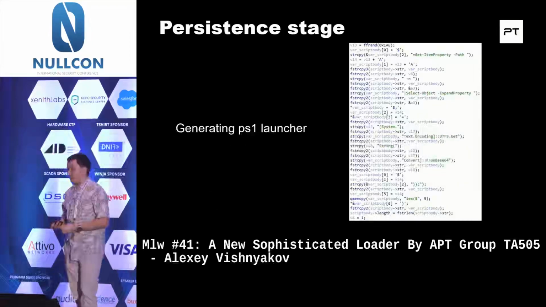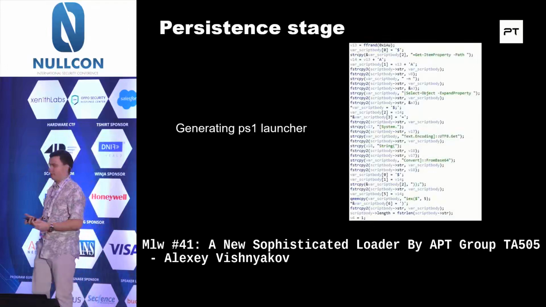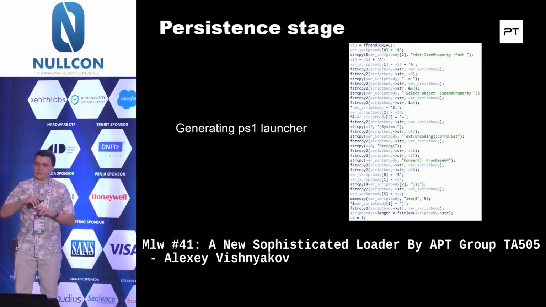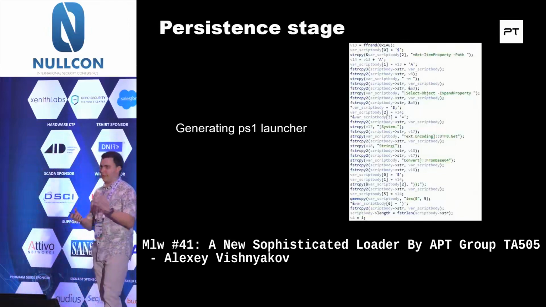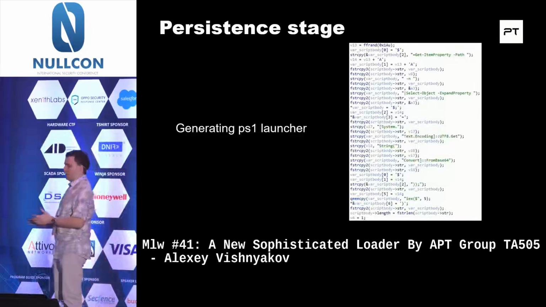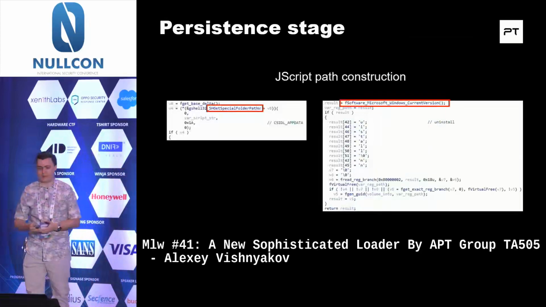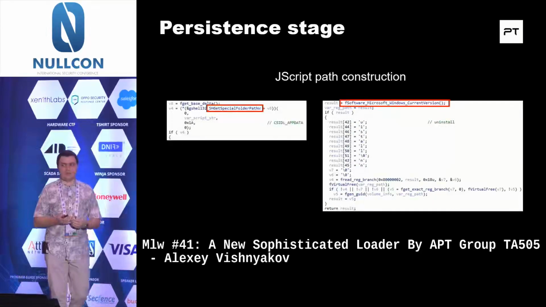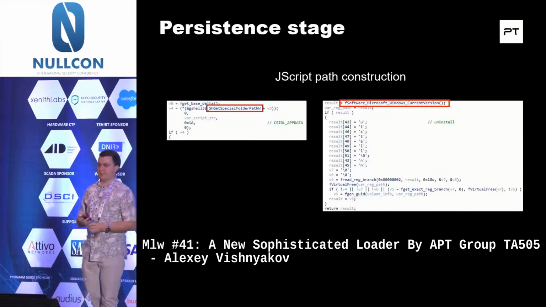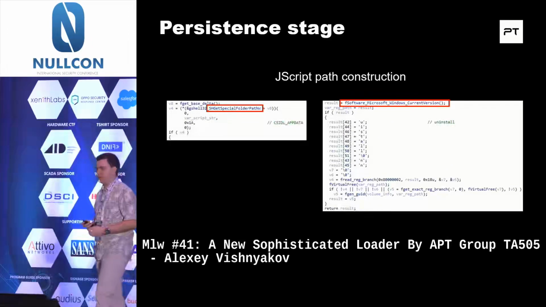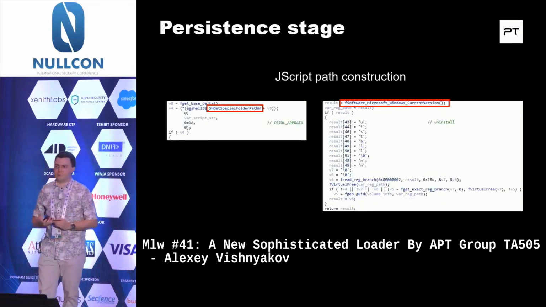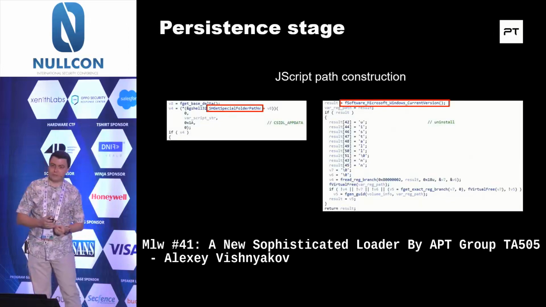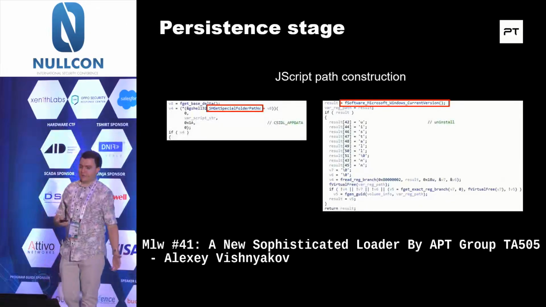In another case, we will not drop the partial script on the system. We will generate an intermediate launcher. We will encode our previously made partial script via the base64 algorithm, and then we'll start to create a JScript on the system. We will find an application data path. Then we will find a special branch in the system registry, which is responsible for installed software in the system.